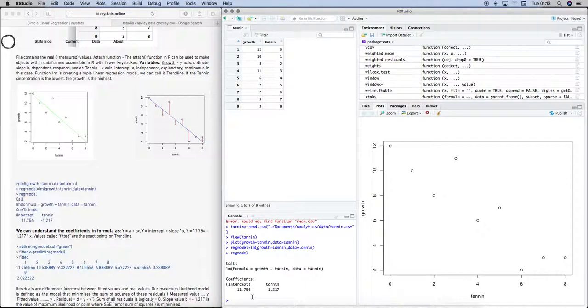Let's draw the trend line across our graph and across our points by the function abline, abline reg model, the regression model, color green.